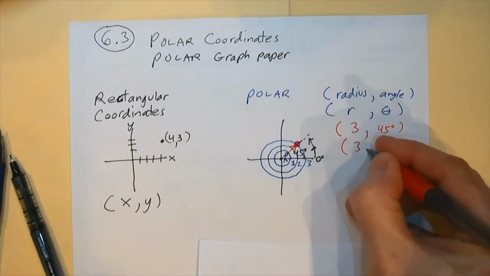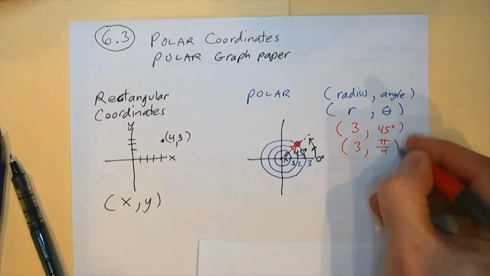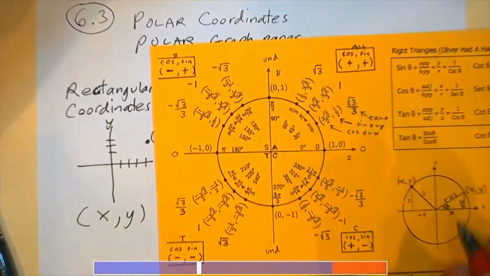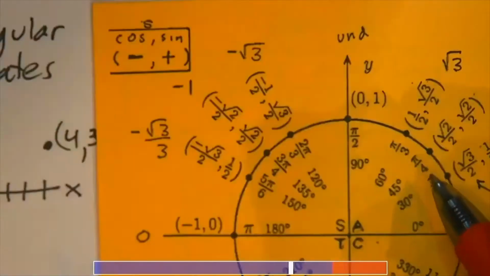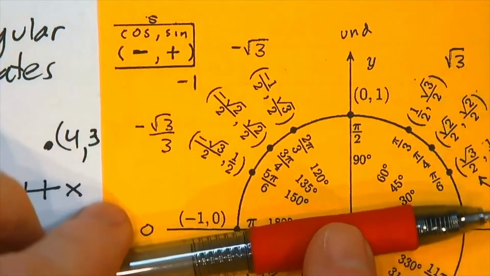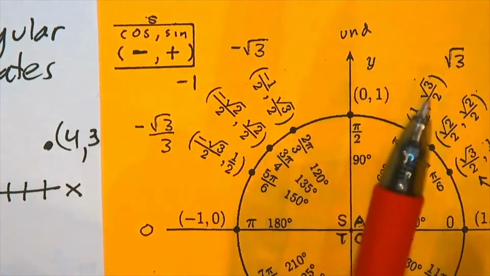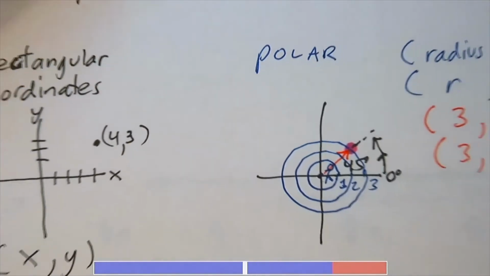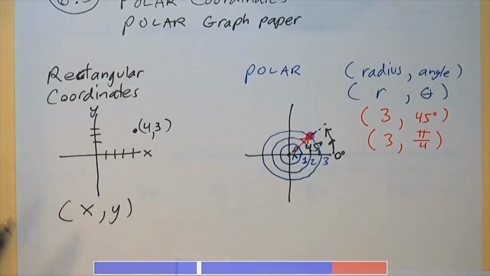Sometimes they do it in radians and say pi over 4, because I remember on my unit circle, here's pi over 4. So you're going to say the angle that the point is at as you go all the way around, and you're going to say the distance. So it's actually not too complicated.